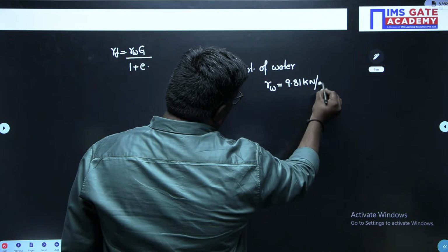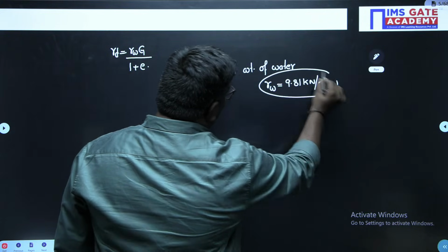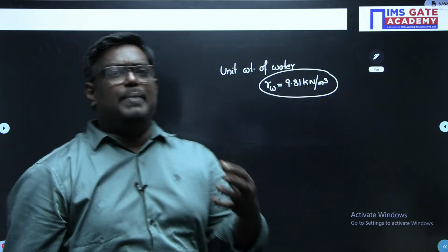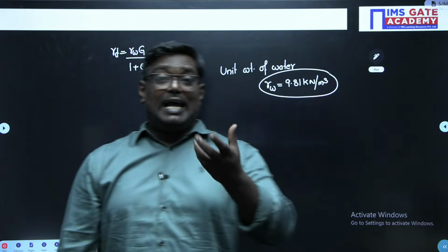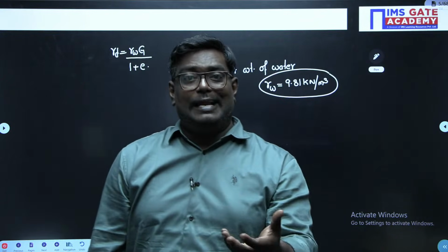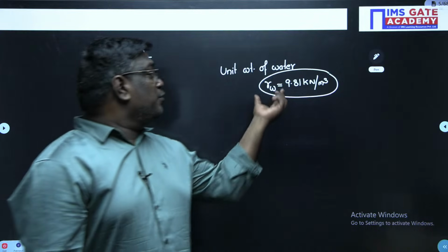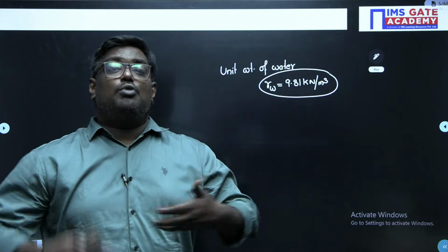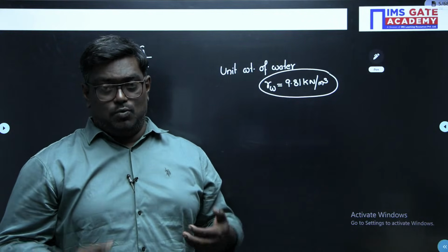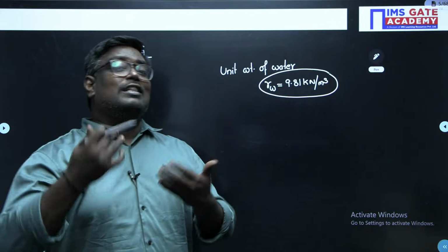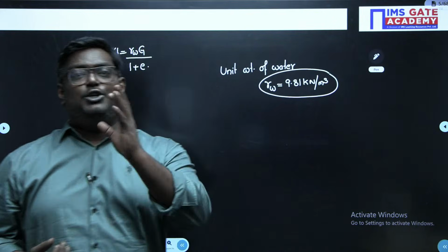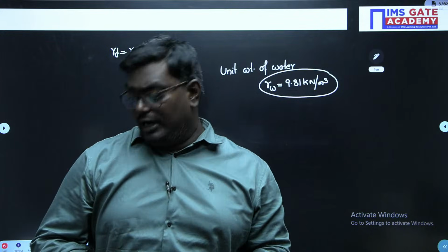But remember, my dear students, when solving competitively or when time is less, in exams like state level, ISRO or BARC, take it as 1 ton per meter cube, and whatever final answer you get, multiply it by 9.81.